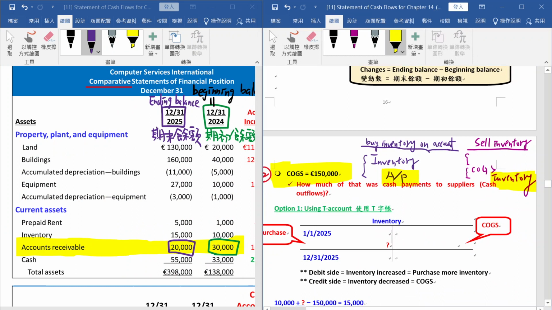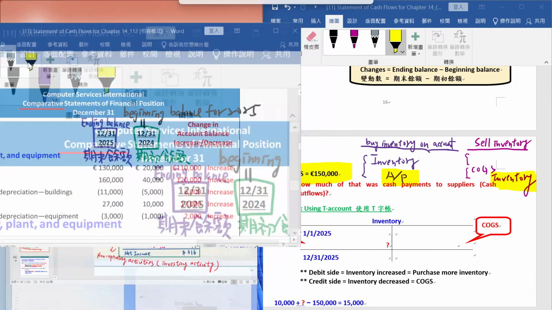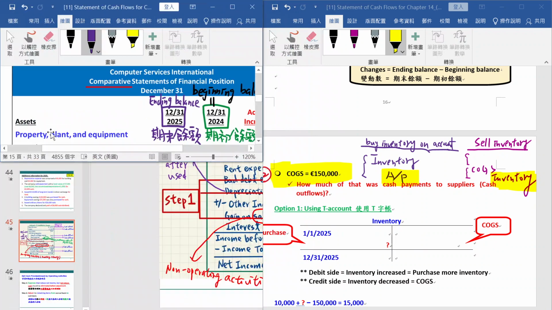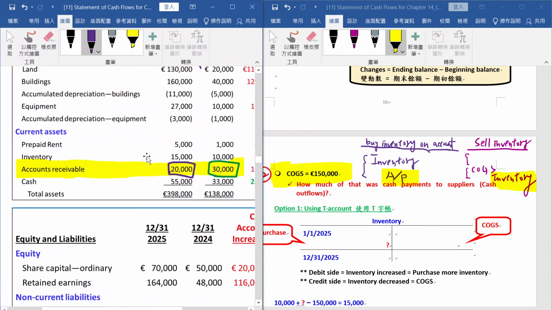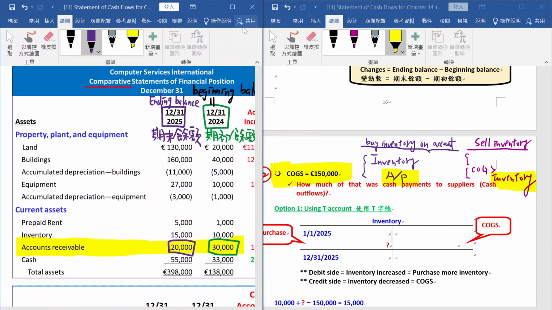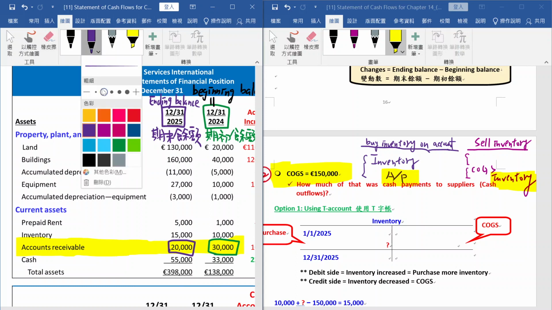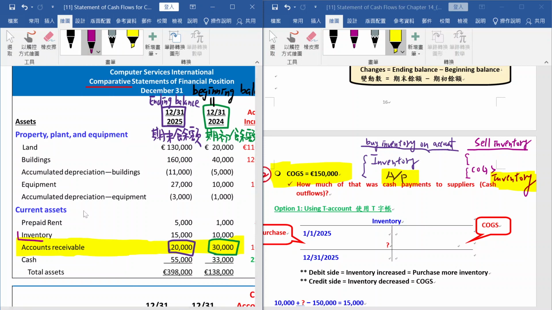Okay, so I need our first friend, inventory. Inventory is your asset, right? So please go to your balance sheet and find inventory. Which page? Page 13, right? Page 13 tells you inventory. So what's the number for inventory? We have beginning balance, ending balance.